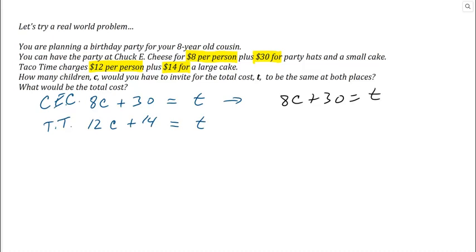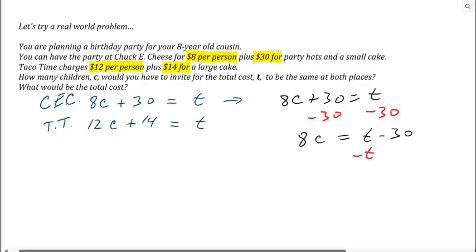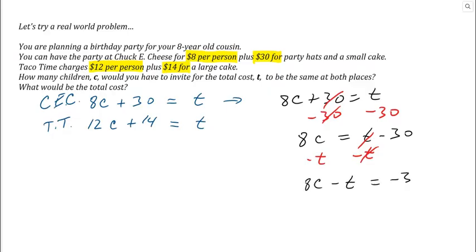I am going to first subtract 30 from both sides, and I end up with 8C equals T minus 30. And then I have to subtract T from this side because I've got to get both my variables on one side. Those cancel out, and I get 8C minus T equals negative 30.